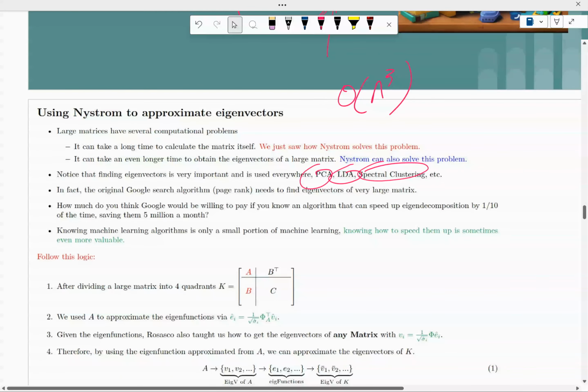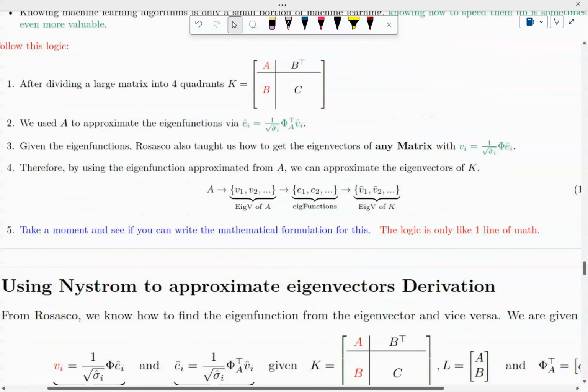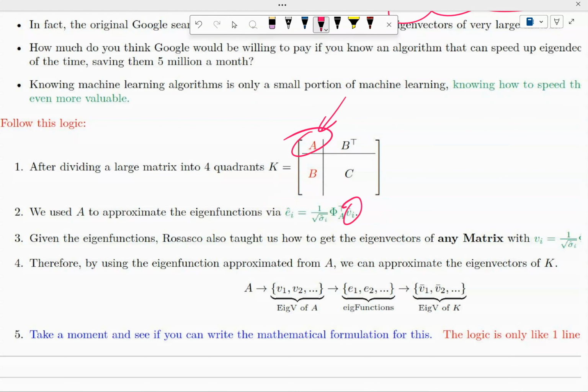And using what we learned from Rosasco, we can combine that with what we have with Nystrom. From Rosasco, if we just take the matrix A after we shuffle them, we can essentially get the eigenvectors. And Rosasco tells us that if you know the eigenvectors, we can get the eigenfunctions. This is the first step of Nystrom that we did last video.